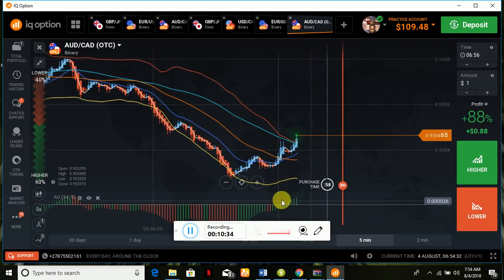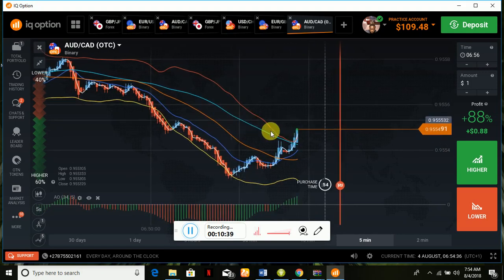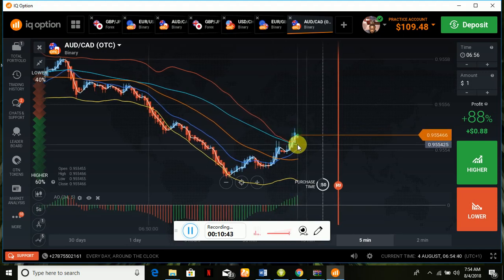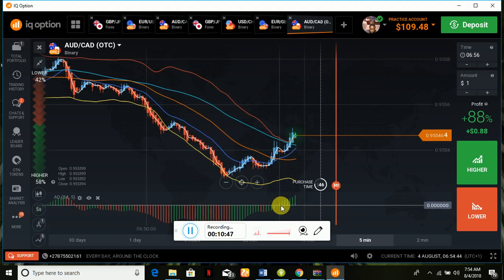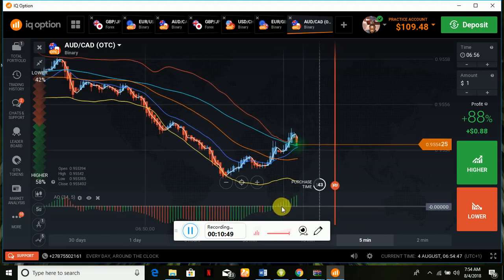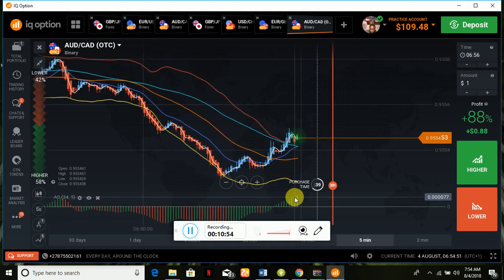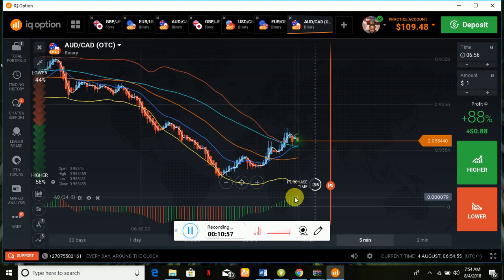Okay, now we finished with that. So as soon as this thing goes above this powder blue line, as you can see now, and you look at the bottom here on your awesome oscillator, the bars have also moved to the top side, so now you can start buying.